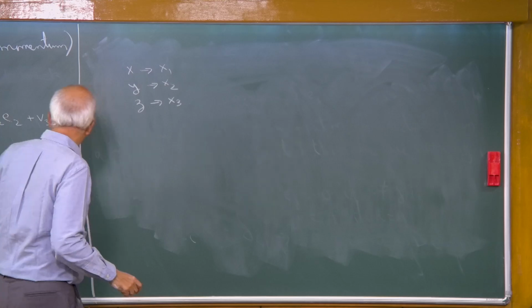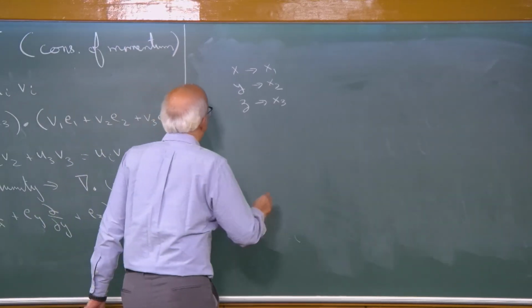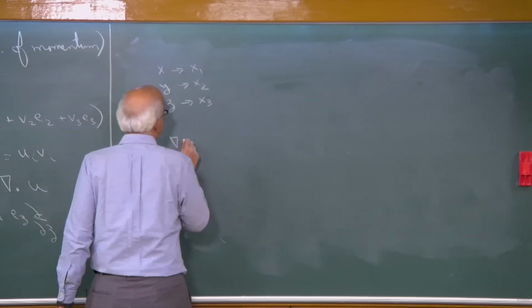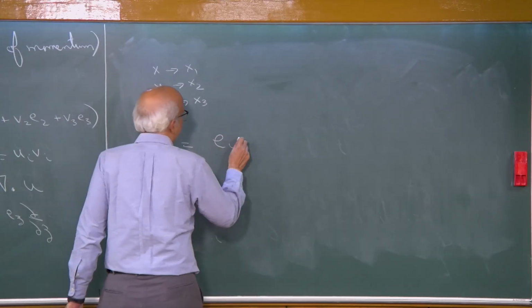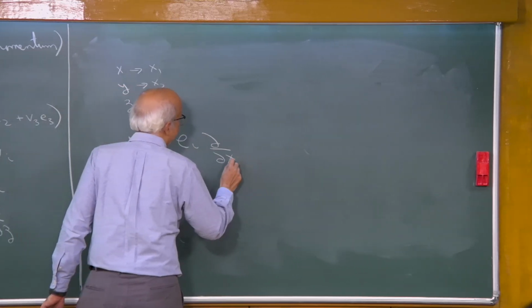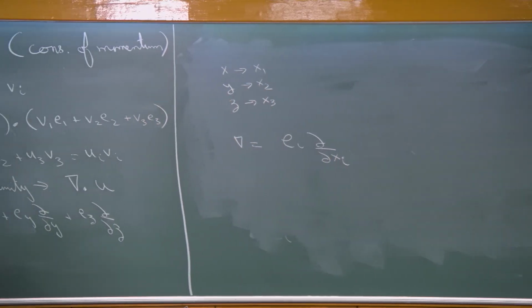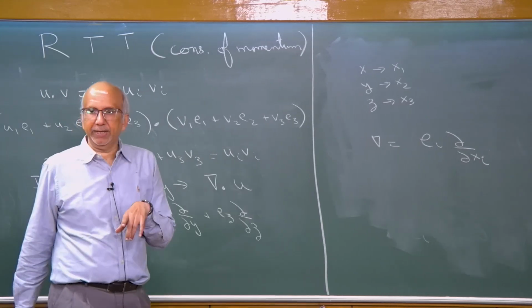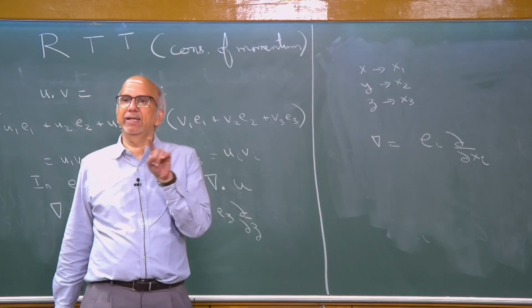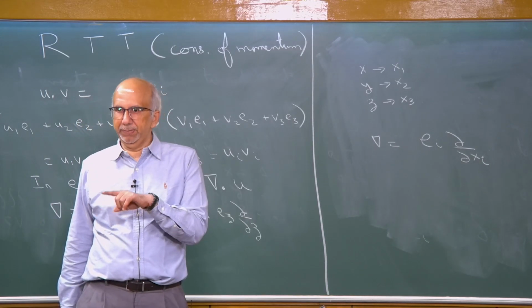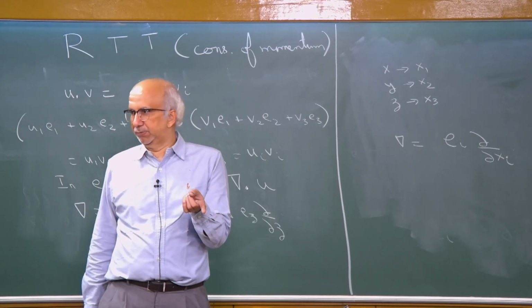So I can write the del operator as Ei d by dxi. Again, i is repeated, which means it is summed over 3 times.